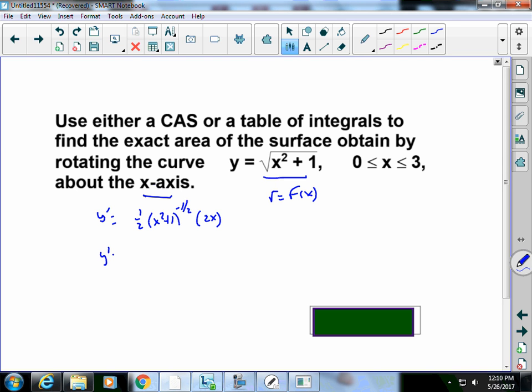So y prime is equal to x over (x squared plus 1) to the 1/2. I want to know what y prime squared is. When I square it, I get x squared in the numerator, and the denominator is just x squared plus 1.